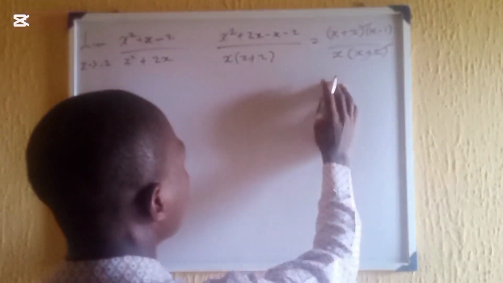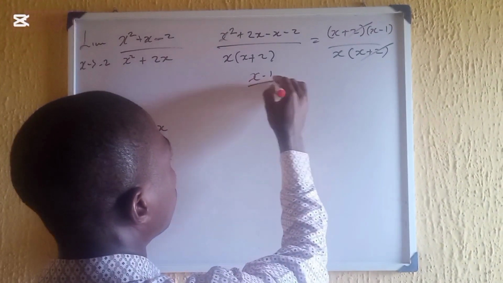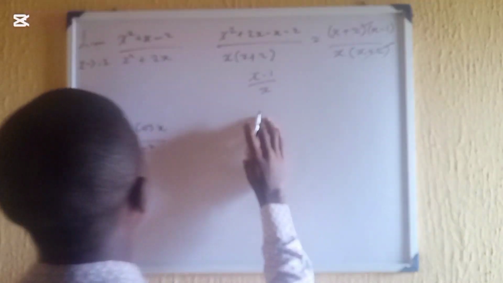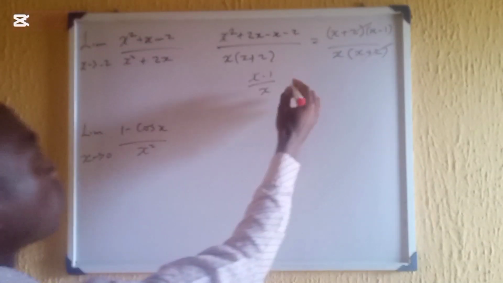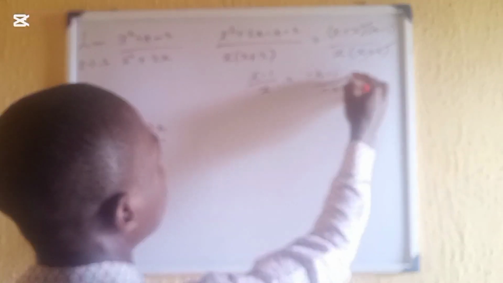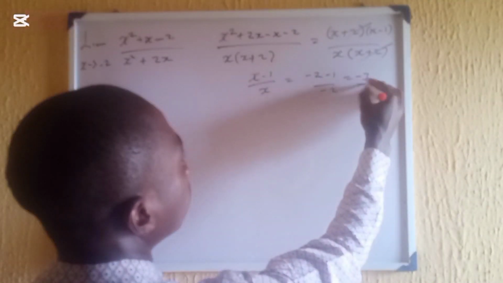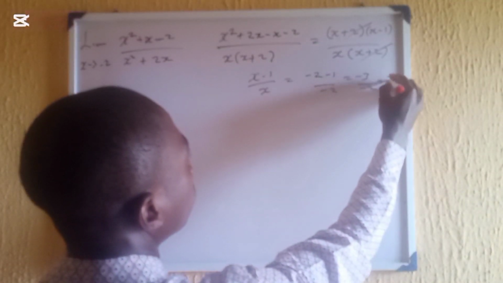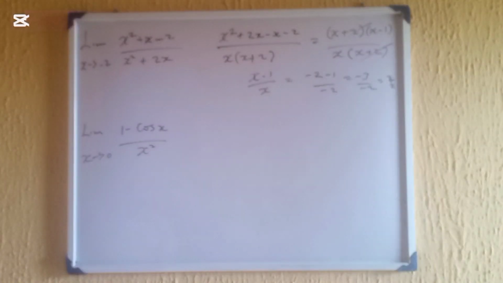So we'll be having x plus 2 cancelling x plus 2. That gives us x minus 1 over x. Now let's put minus 2. We'll be having minus 2 minus 1 over minus 2. This gives us minus 3 over minus 2, which is equal to 3 over 2. So that's the limit of the function as x approaches negative 2.